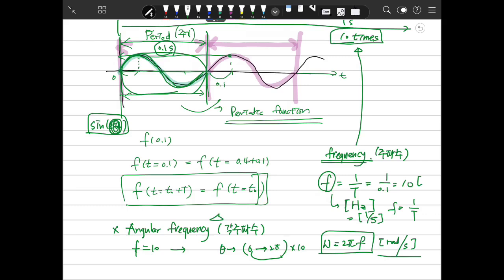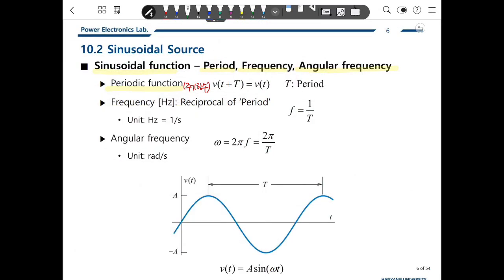This is very important. T is the period, and f is the frequency, which is 1/T. The angular frequency is omega, 2 pi f. The unit here is radian per second. Hertz is 1/second.